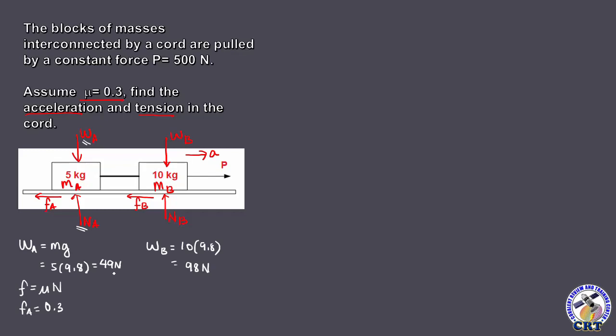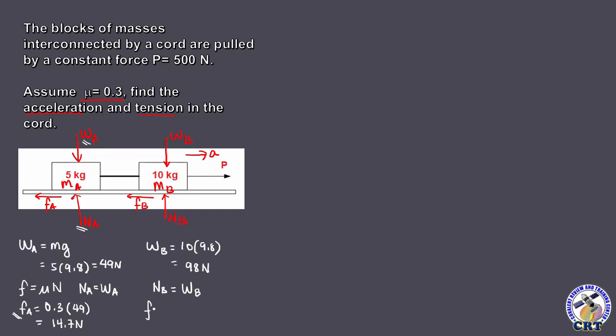When you analyze the vertical forces, it will simply give us NA equals WA, while NB equals WB. Therefore, going back to the calculation of Fa, this is 0.3 times NA, which is 49 newtons. This is equivalent to 14.7 newtons.